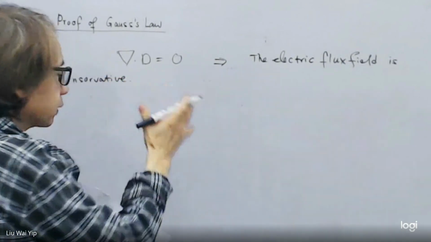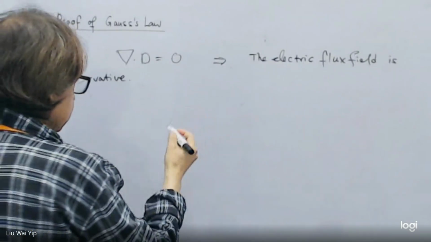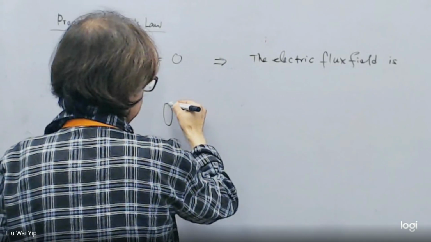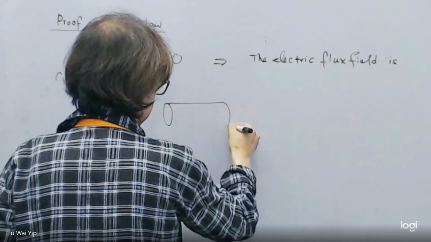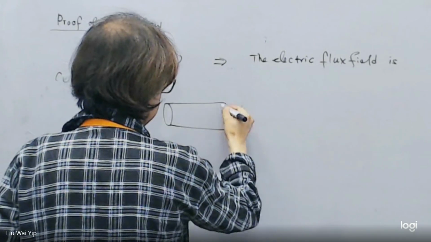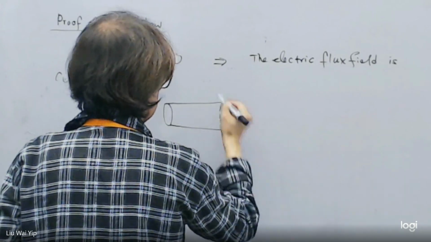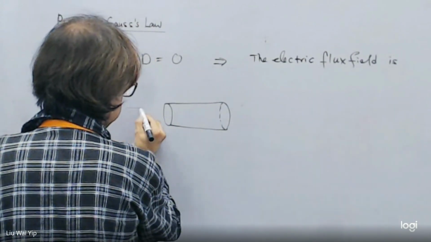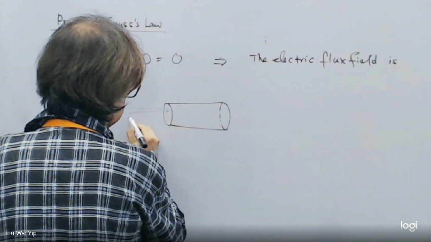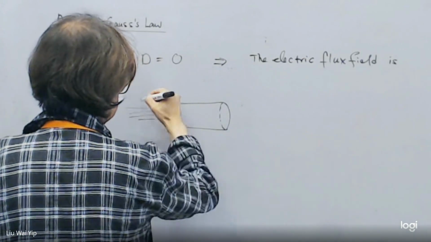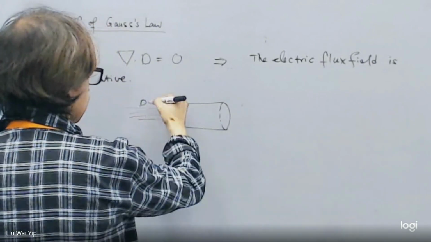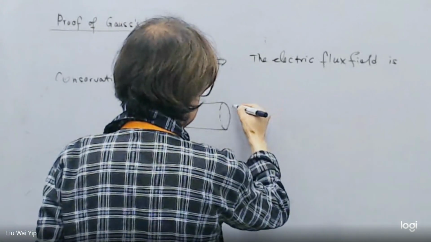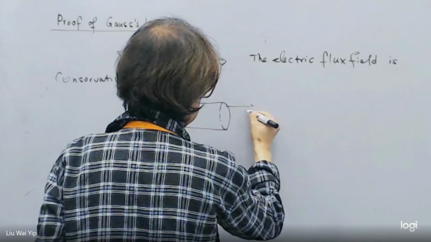So under this condition, you might have something like this, right? A small pipe. So the field going in, the electric flux going in is the same as the electric flux going out.